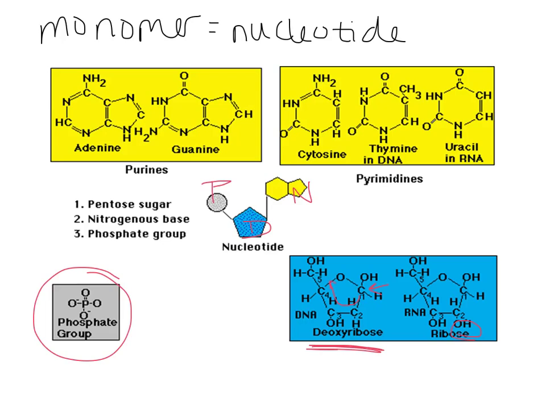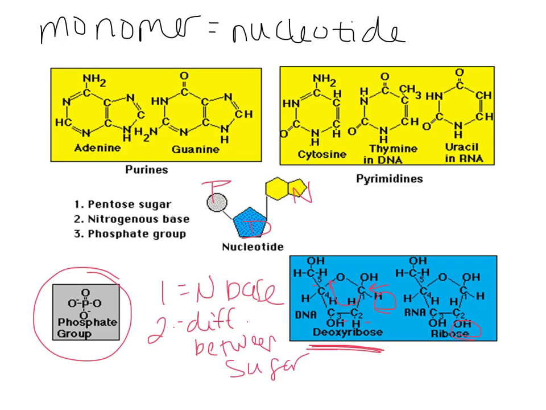It's a 5-carbon sugar, so I've got 1, 2, 3, 4, and 5. Some of these carbons are significant. Carbon number 1 is where the nitrogen base is attached. Carbon number 2 is where I get my difference between the two sugars, between deoxyribose and ribose sugar.